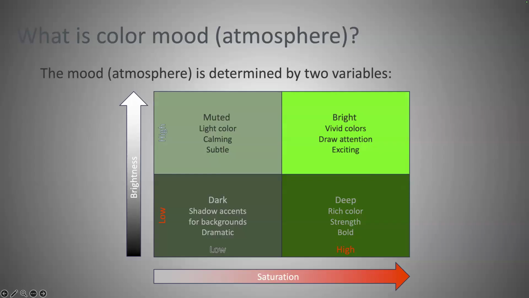So look at how your eyes are drawn to these colors differently, right? Which order would you rank them for your attention? And can you feel that subdued mood of the darker colors and the excitement of the saturated colors? For me, it's upper right, upper left, lower left. You know, it's 1, 2, 3, 4 as far as how much it gathers my attention. But it's a little different for everybody.